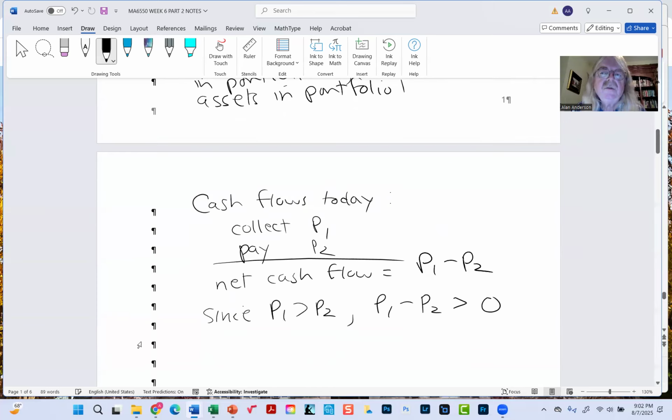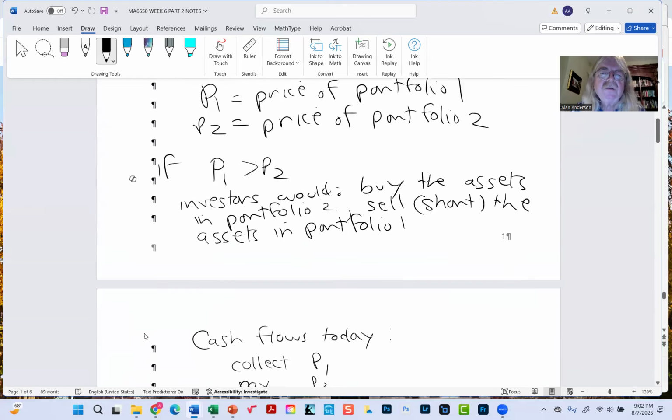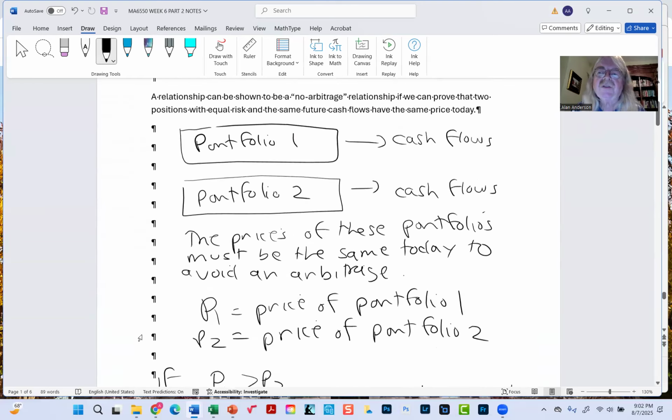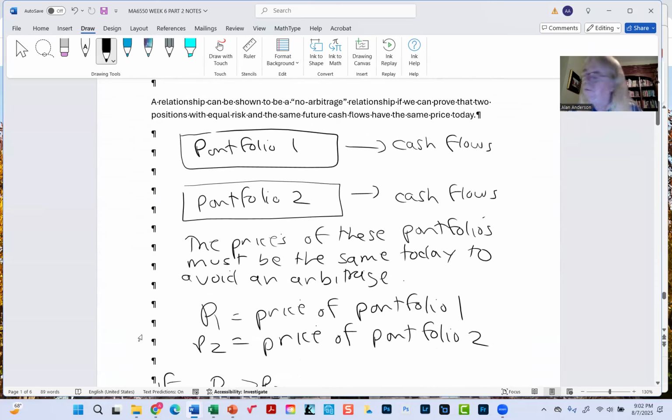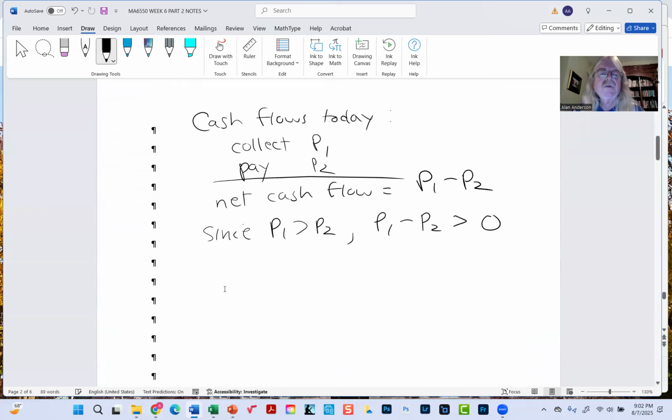And then what about in the future? Let's assume that these cash flows take place 1 year in the future, just to keep it simple. Call it future. In the future, at time t, whatever that is, we have both a long position in the exact same cash flows.